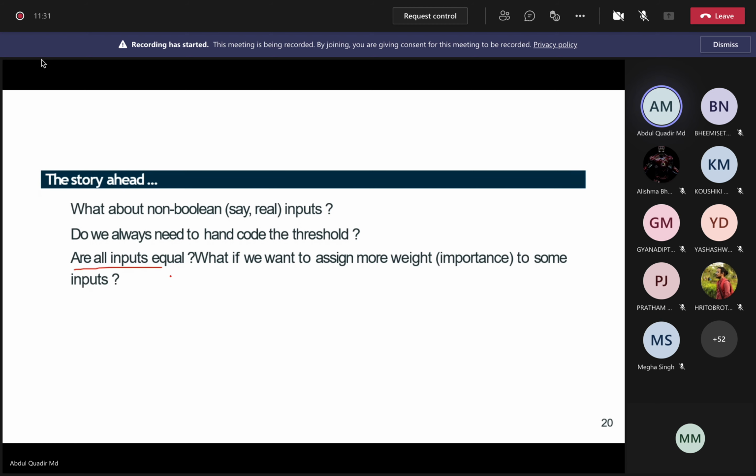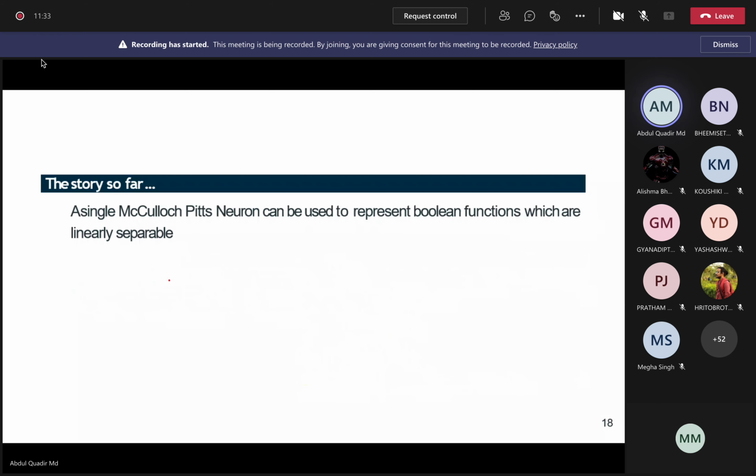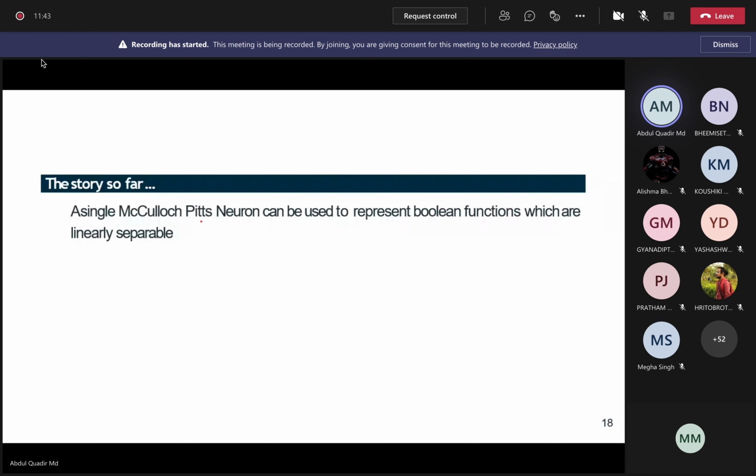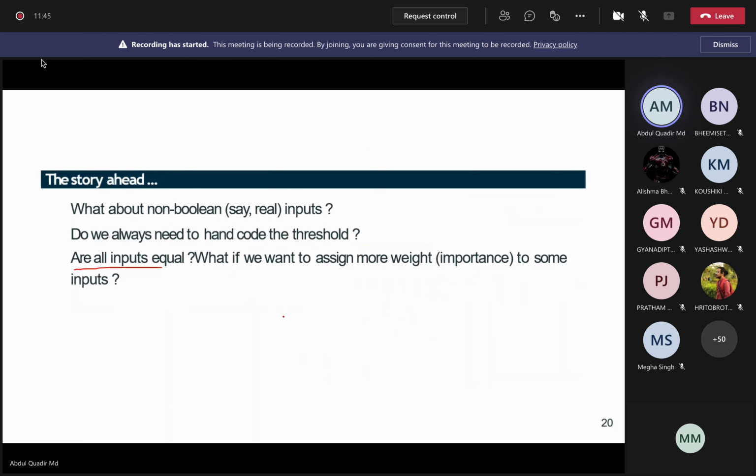Are all inputs equal? What was the disadvantage in what we saw? All inputs were given equal priority. What if you want to assign more weight? Say, for example, in the MP neuron, we were talking about actor, director, music, and thriller.